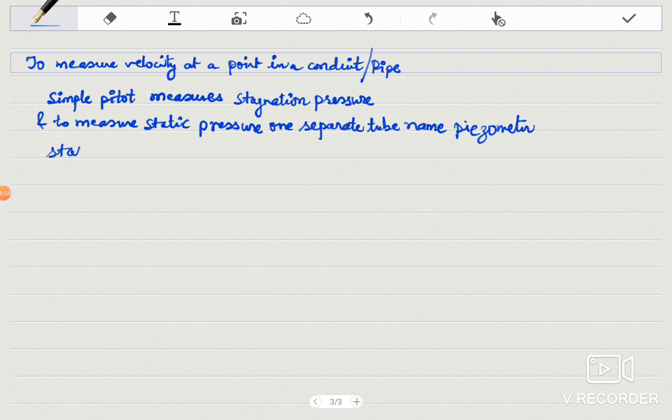Second thing is that static pressure is measured near the wall of the boundary.